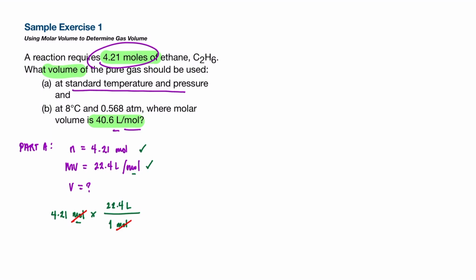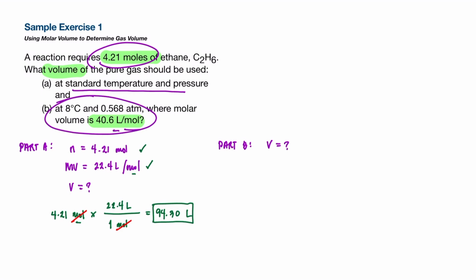So 4.21 times 22.4 liters divided by 1 is equal to 94.30 liters. Therefore, at standard temperature and pressure, the volume of pure gas that should be used for the reaction is 94.30 liters.